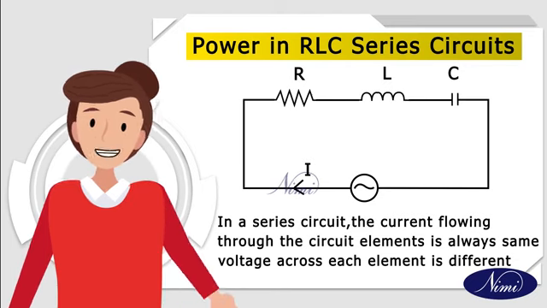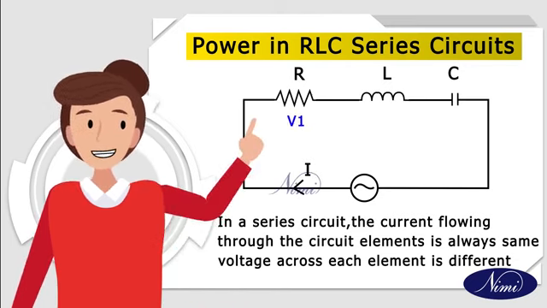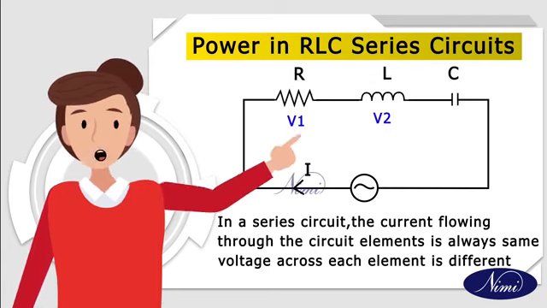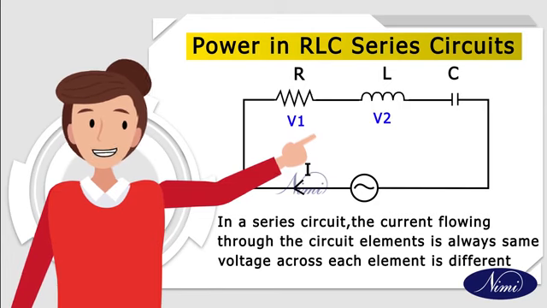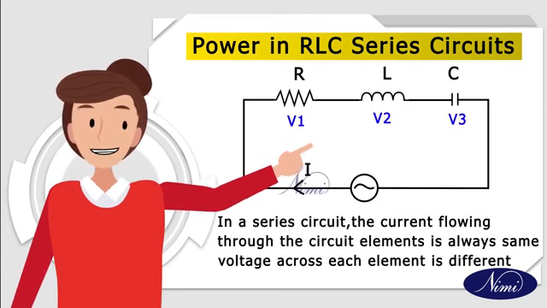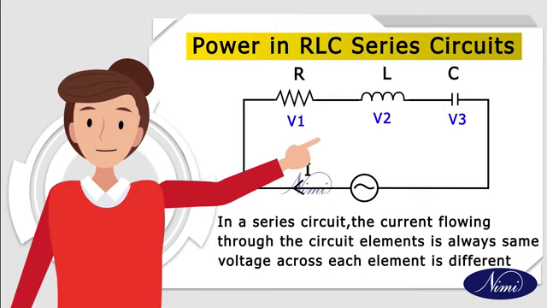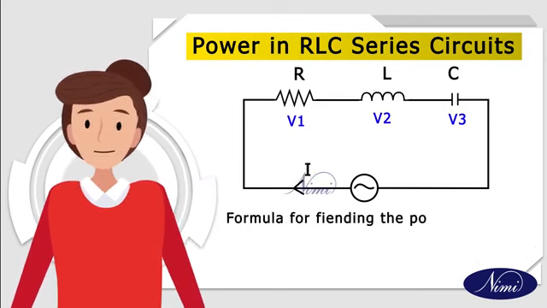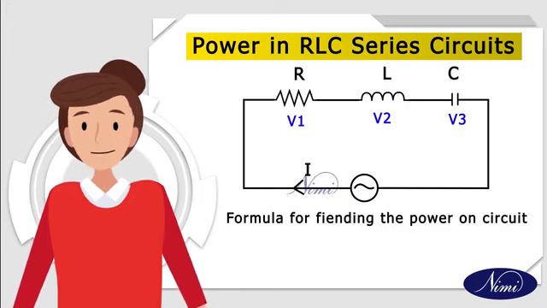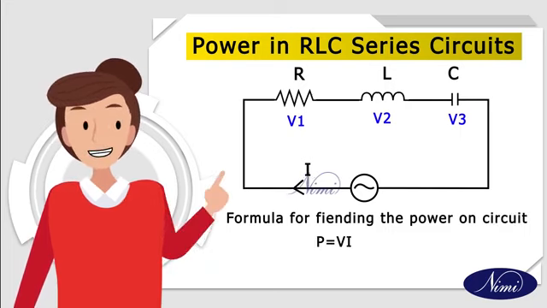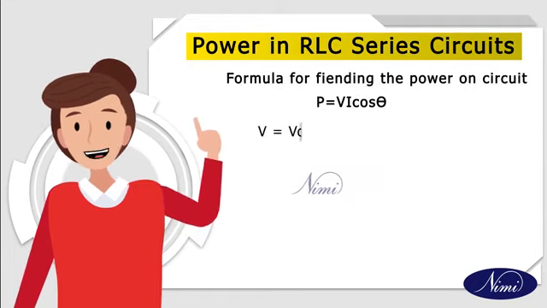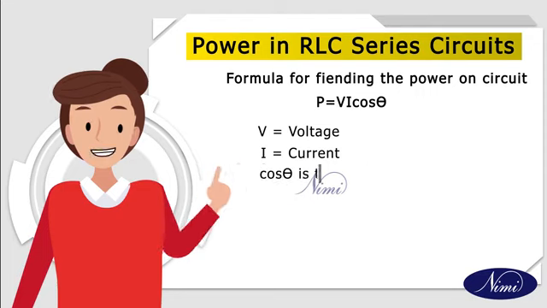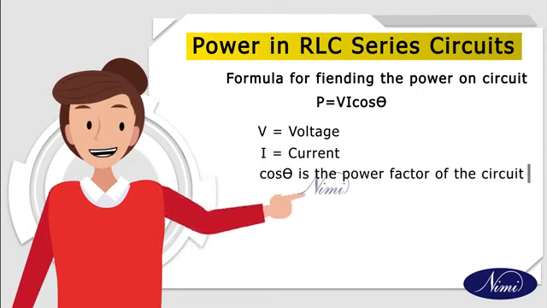So, we can calculate the voltage V1, that is the voltage across the resistor, and V2 be the voltage across the inductor, and V3 be the voltage across the capacitor. We know the formula for finding the power on a circuit, that is P is equal to VI cos theta. V be the voltage and I be the current through the circuit, and cos theta be the power factor of the circuit.